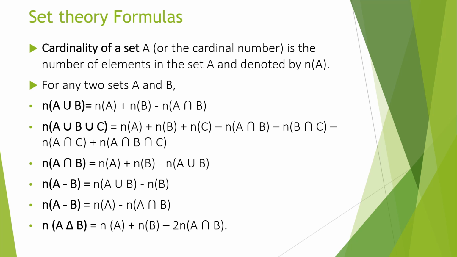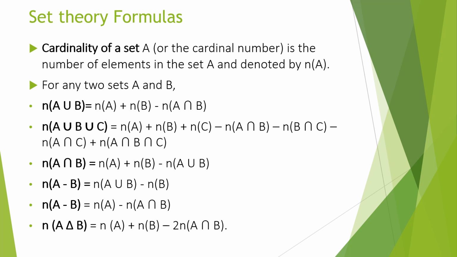So all the elements are distinct, and the total number of distinct elements in the set is denoted by n of A. Now remember, for any two sets A and B, you can always check: n of A union B is equal to n of A plus n of B minus n of A intersection B. This means the elements which are in A union B equal the elements in A plus the elements in B minus the elements which are in both A and B.